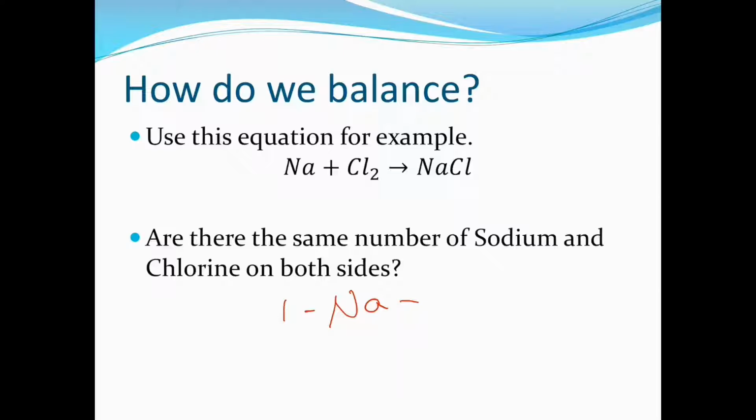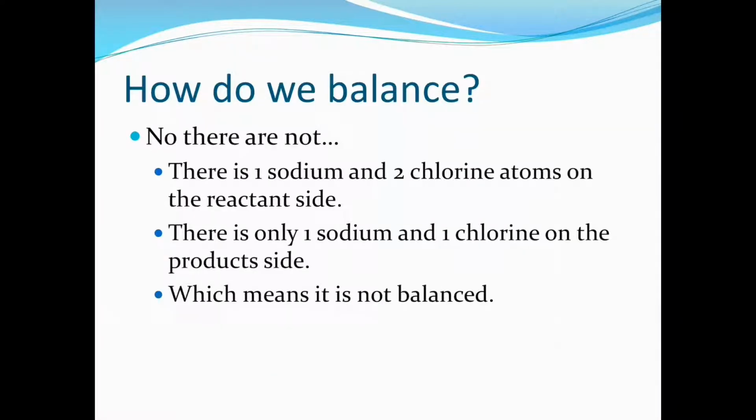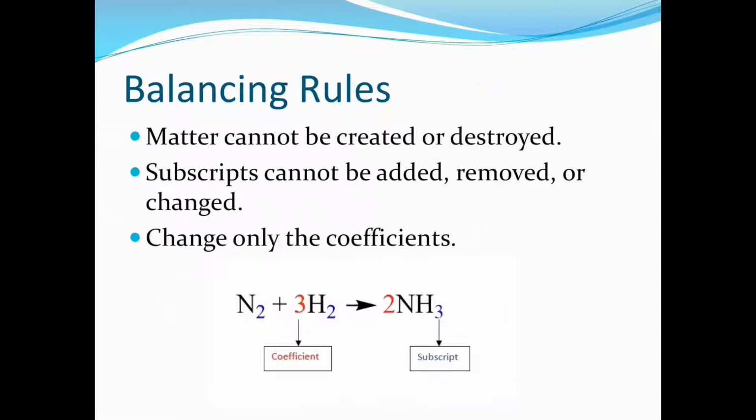On the product side, I have 1. So we have the same number of sodiums. But what about chlorine? So on the reactant side, chlorine has 2. On the product side, it has 1. So no, these are not the same, which in turn means that it's not balanced.